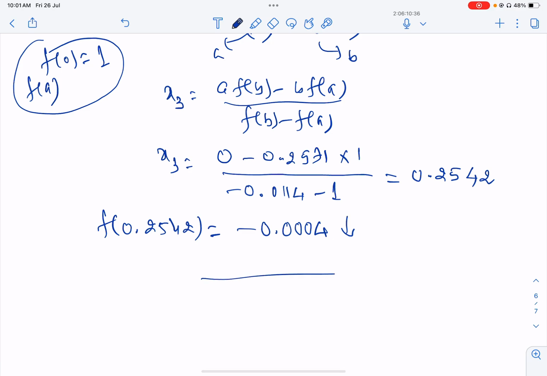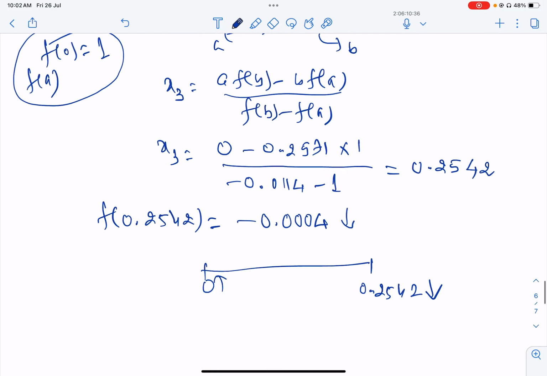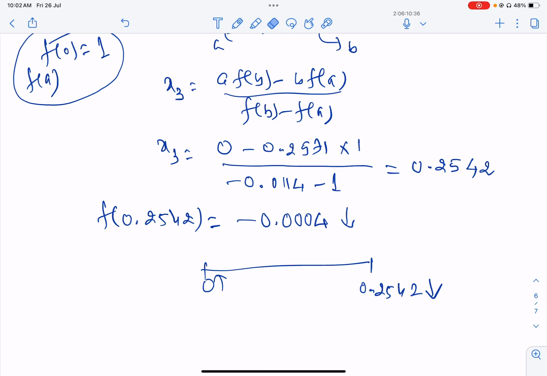So now the root lies between 0 and 0.2542, and that is also negative.